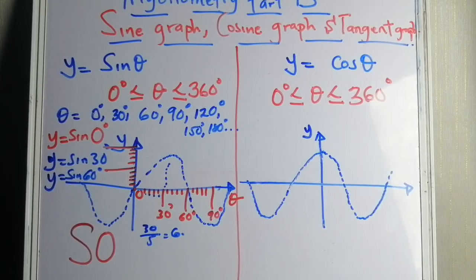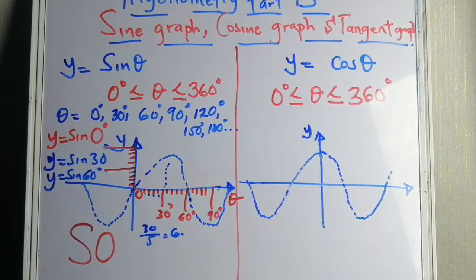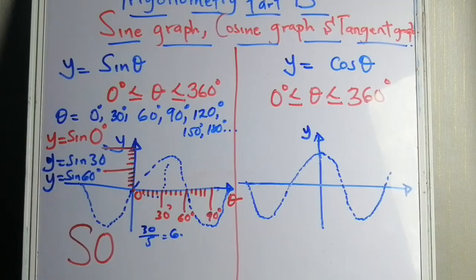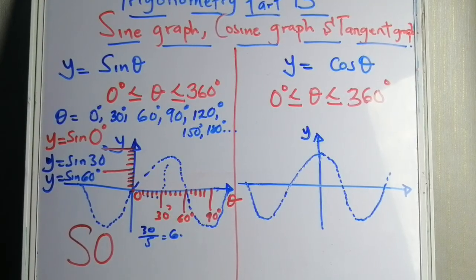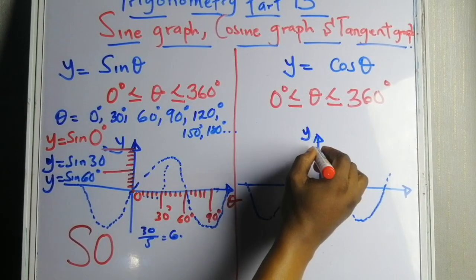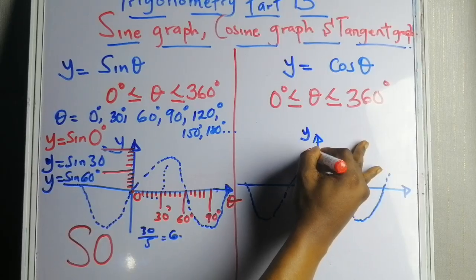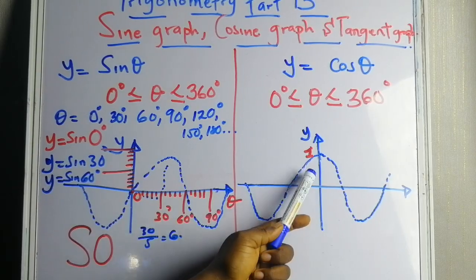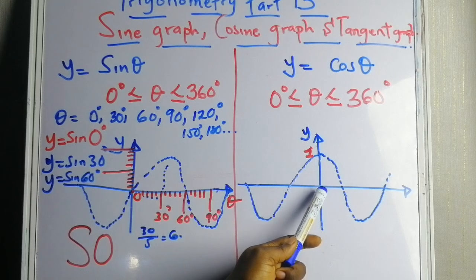So now I don't need to say much about cos theta because I've explained. The same thing applies for cos theta. For every cos theta, the highest value you can get in cos theta is what? 1. Okay, 1. Like I said, every sine graph passes through the origin. But every cos theta does not pass through the origin.